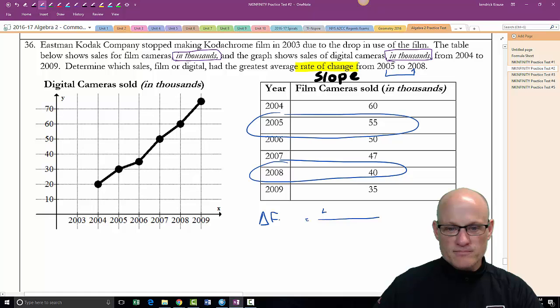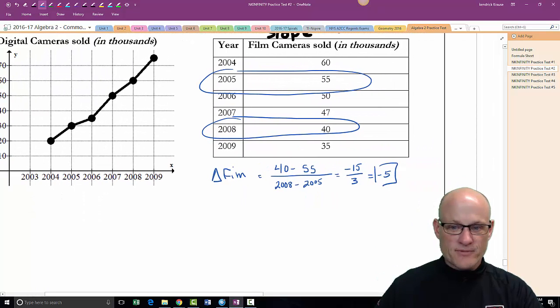Oh, film cameras. So 40 minus 55. As soon as I went 40 minus 55, I knew it had to be film because it was going down. And then from 2008 to 2005. So this is a change of negative 15 over 3, which is negative 5. And again, that's probably behind my head, so let me move that up and over a little bit. So that's all I did for that one.